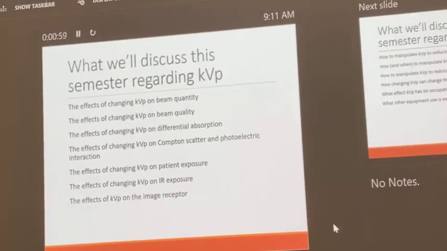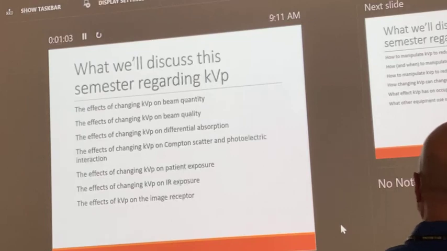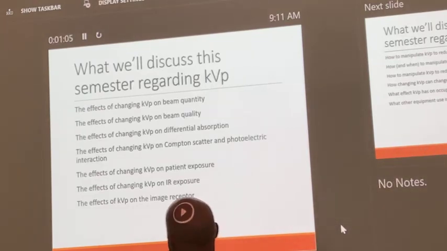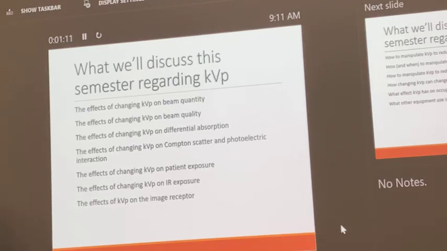All right, effect of changing kVp on beam quality. Okay, so the effects of changing kVp on differential absorption inside of the patient. Certainly the effects of changing kVp on quantity and quality.